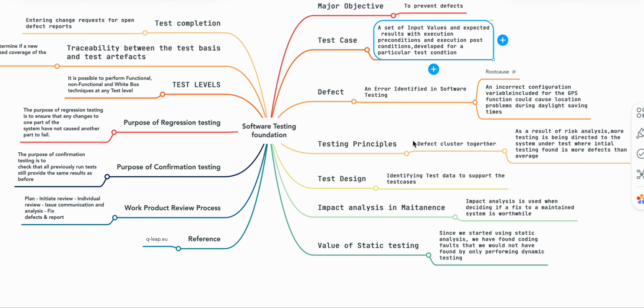That's the principle of defects clustered together. If one module is affected with more defects, then that module of the system under test has to be subjected to more testing because of the risk analysis found in that particular area.